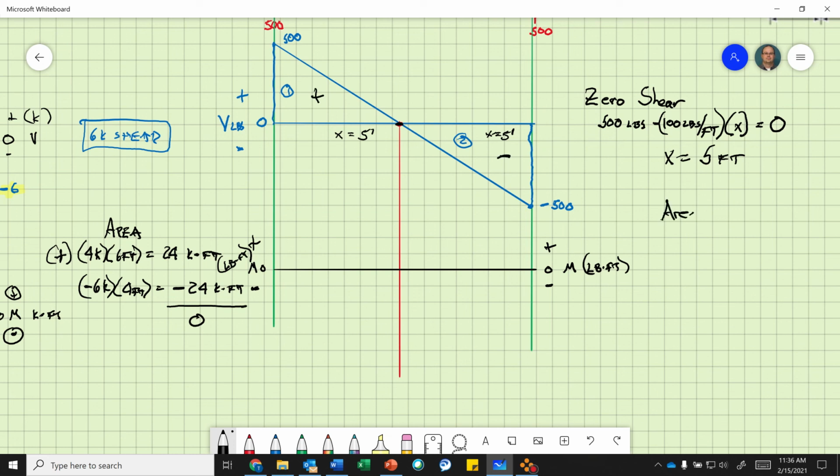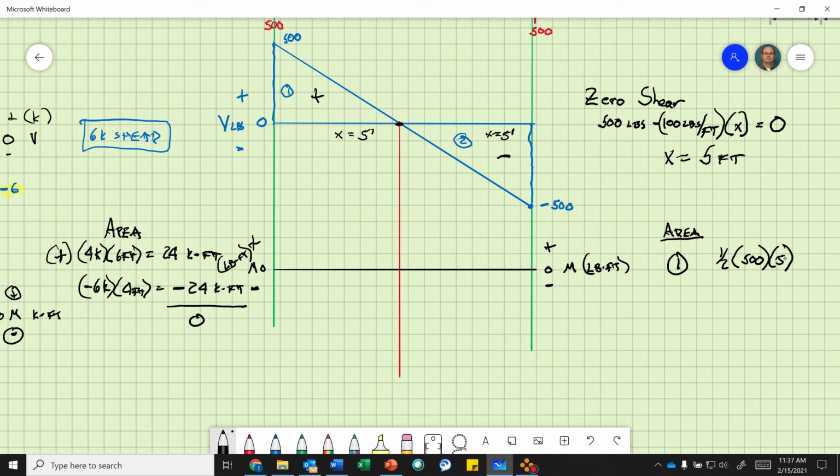Now that I know my length of my triangles by finding a point of 0 shear, area 1 is 1/2 times, because we have 500 pounds, times 500 times 5, right?